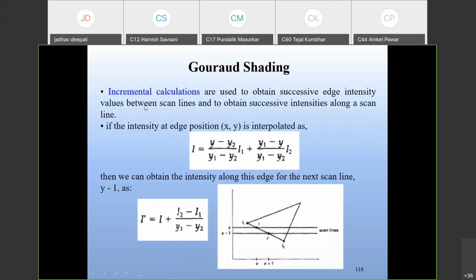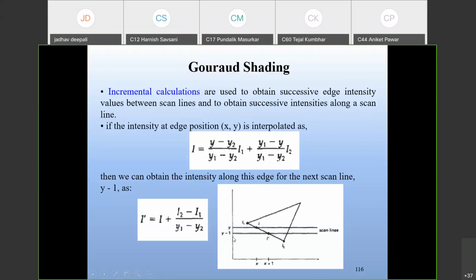Now, incremental calculations are used to obtain the successive edge intensity values between the scan lines and to obtain successive intensities along a scan line. That means scan line 1 starts, then scan line 2, then scan line 3, then scan line 4. Incremental calculations are done one by one.